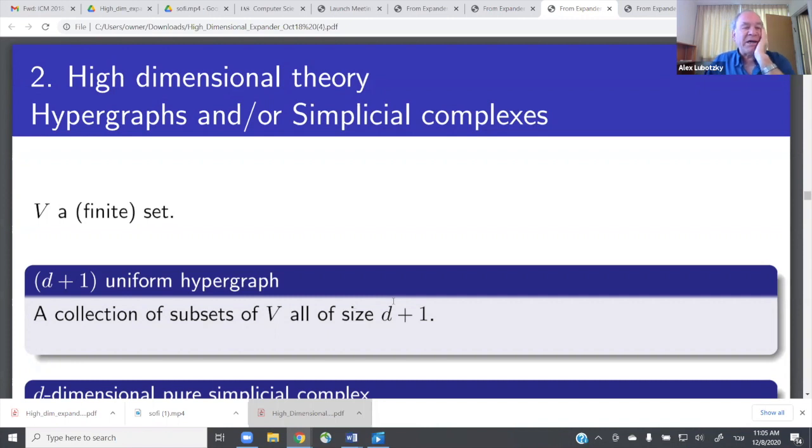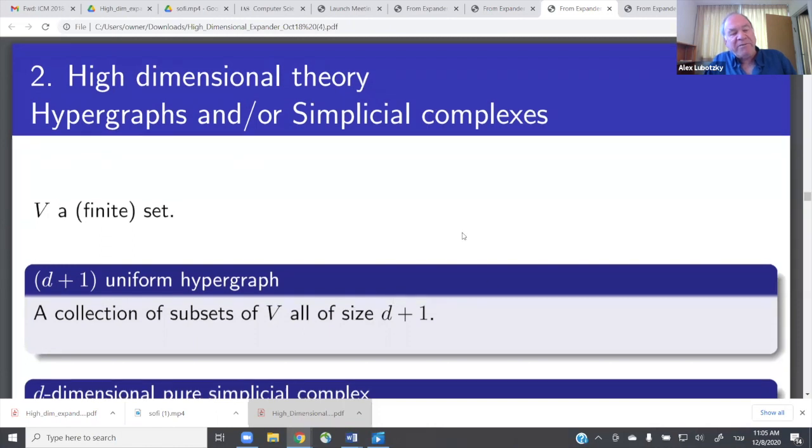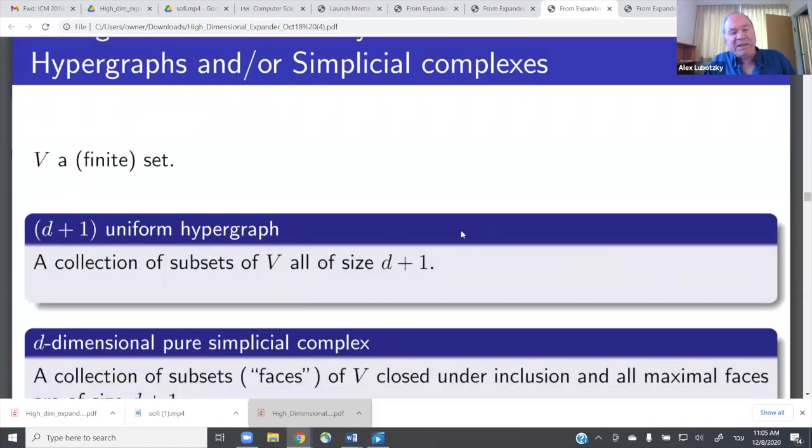So first of all, when we say high dimensional theory, we can talk either about hypergraphs or about simplicial complexes. And basically it's the same thing. In my experience, it depends on your background. If your background is computer science, you say hypergraph. If your background is in a math department, you say simplicial complexes, but because we go to uniform hypergraphs and pure simplicial complexes, they are basically the same.